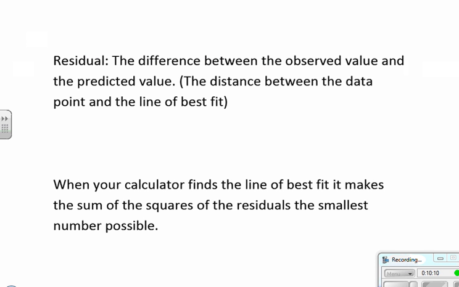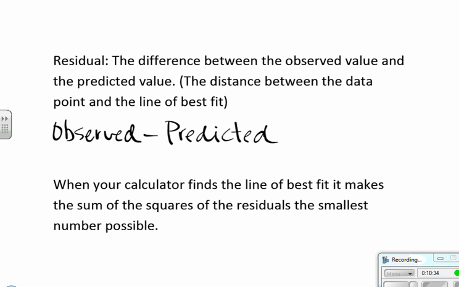The residual is the difference between the observed values and the predicted values. And that order is important. You always do the observed values minus the predicted values. You have to do it in that order.